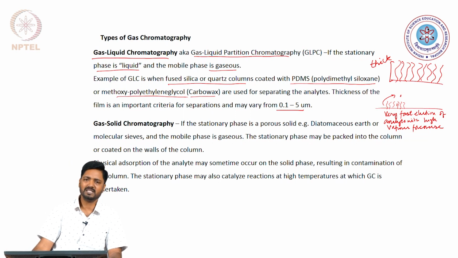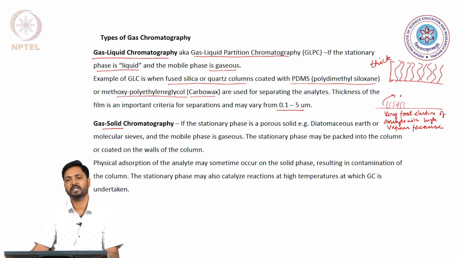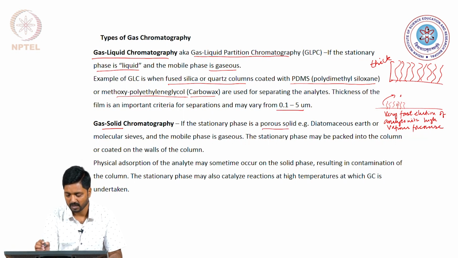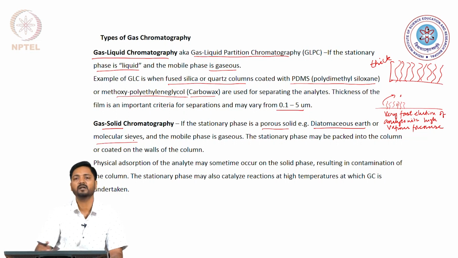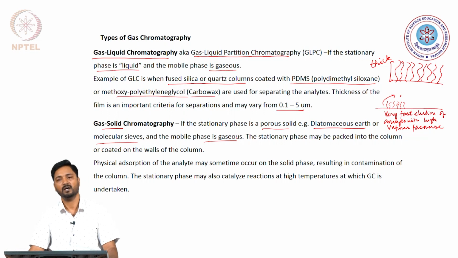Now, a contrasting technique is when we have a solid stationary phase, and of course it is quite common to have stationary phases that are solid in nature. They are typically porous solids, for example diatomaceous earth or molecular sieves, which are coated inside the capillary columns, and the mobile phase as expected is gaseous.